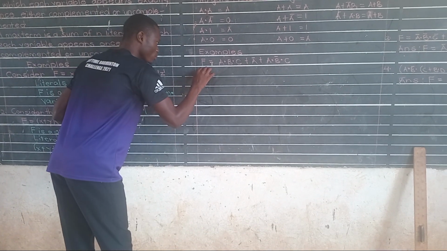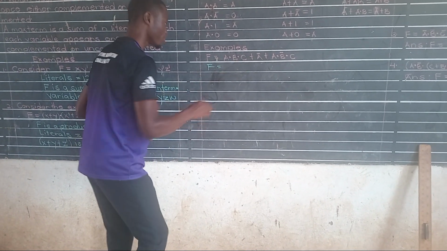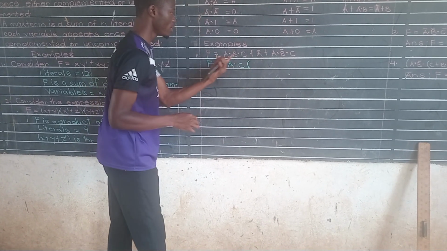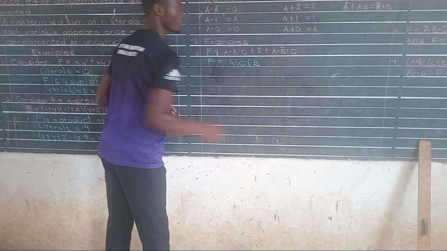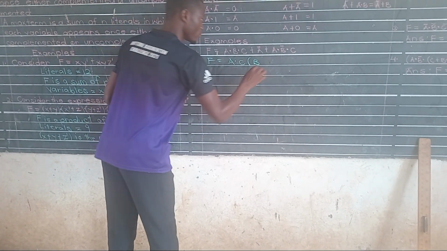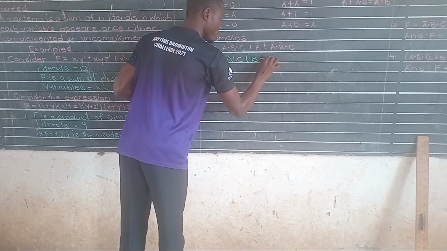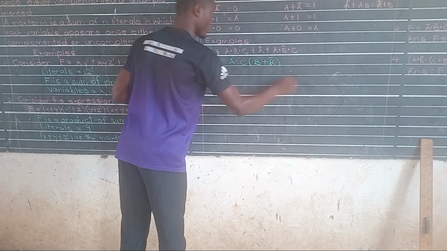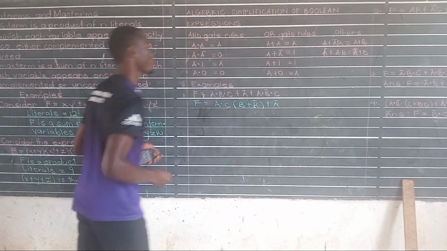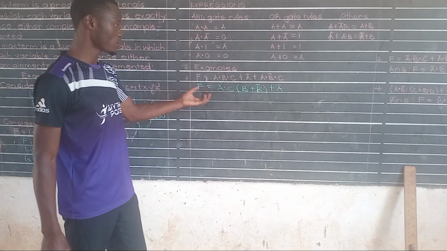So I have to factor out A C. So I have A C into, here I remain with B, or here, what do I remain with? Not B, or not A. So this is where I am.